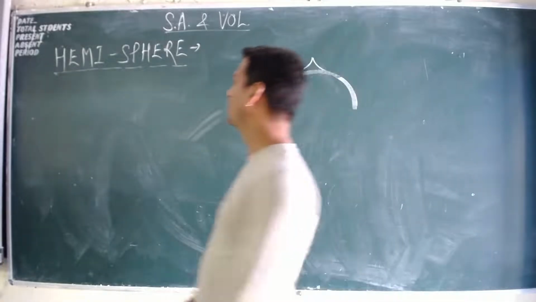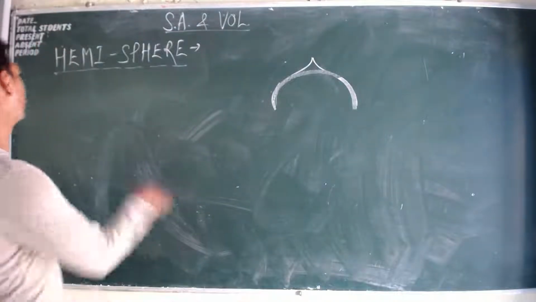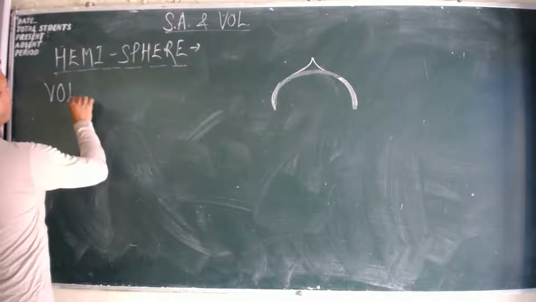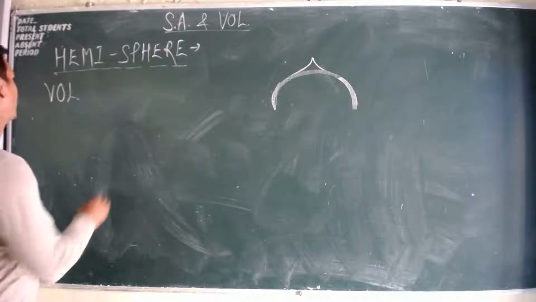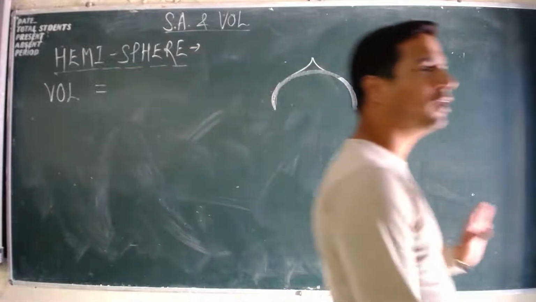So now coming to the topic, hemisphere, as we know, is half of a sphere. So for finding the volume, its volume will be half of the volume of the sphere. The hemisphere's part is derived directly from the sphere.